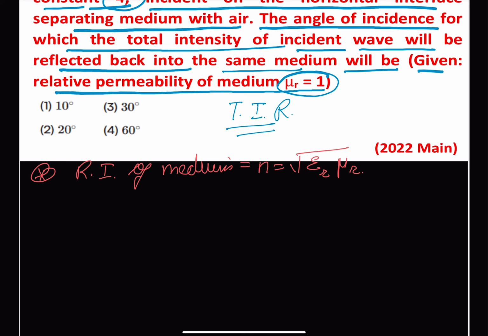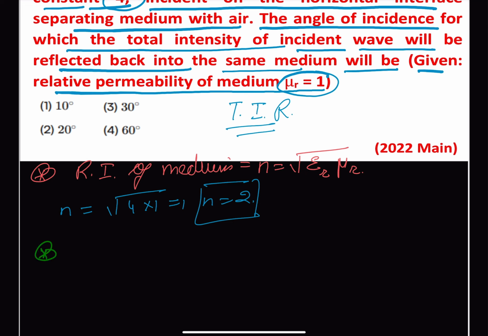Mu r is given to us as 1, so n is equal to square root of 4 multiplied by 1. This gives us the refractive index n equal to 2. So we found out the refractive index, and for total internal reflection, we are only interested in our critical angle.